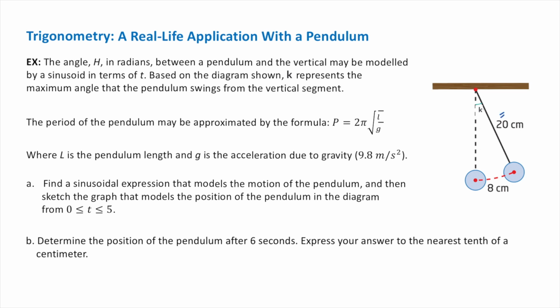This 20 here is equal to L, and G is the acceleration due to gravity. This is 9.8 meters per second squared. So now A is asking us to find a sinusoidal expression that is going to model the situation. And then we're going to go ahead and sketch a piece of the graph from 0 to 5.